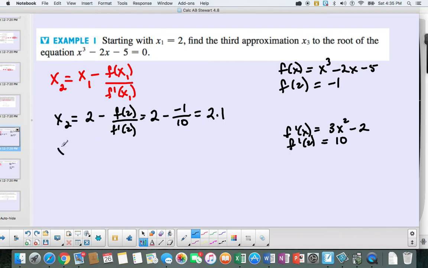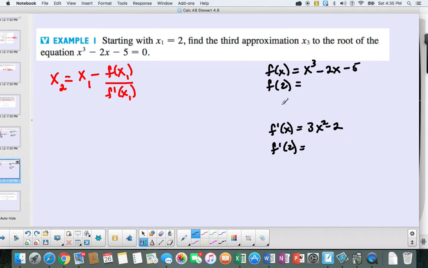So now to do guess 3, it's going to be based on the previous guess, which is 2.1 minus f of 2.1 divided by f prime of 2.1. All right, let's go on to the next screen. f of 2.1 will be equal to 0.061 and f prime of 2.1 will be equal to 11.23.